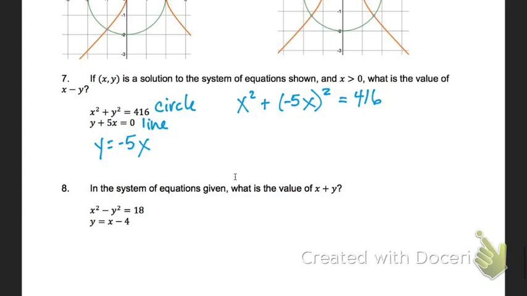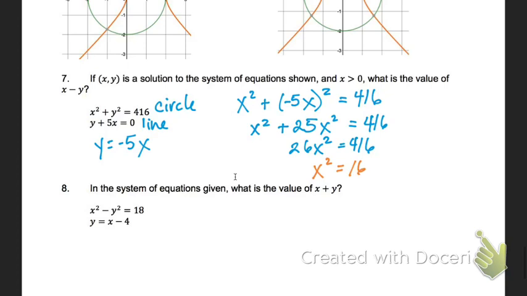Notice that I put the negative 5x in parentheses. So what ends up happening when I square the negative 5x? So 26x squared equals 416. What is 416 divided by 26? And x equals plus or minus 4.